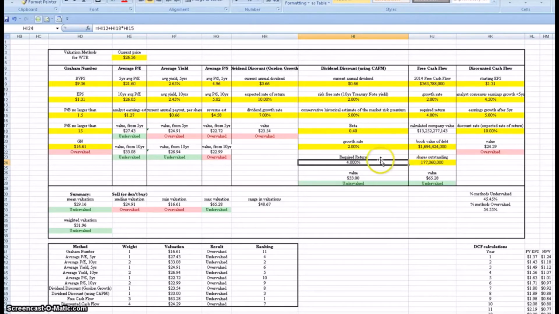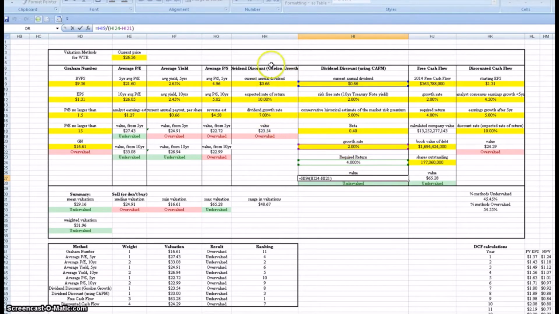Okay, and then you have a growth rate here. Then the value is calculated as you take the current annual dividend, and then you divide it by the required return minus the growth rate.